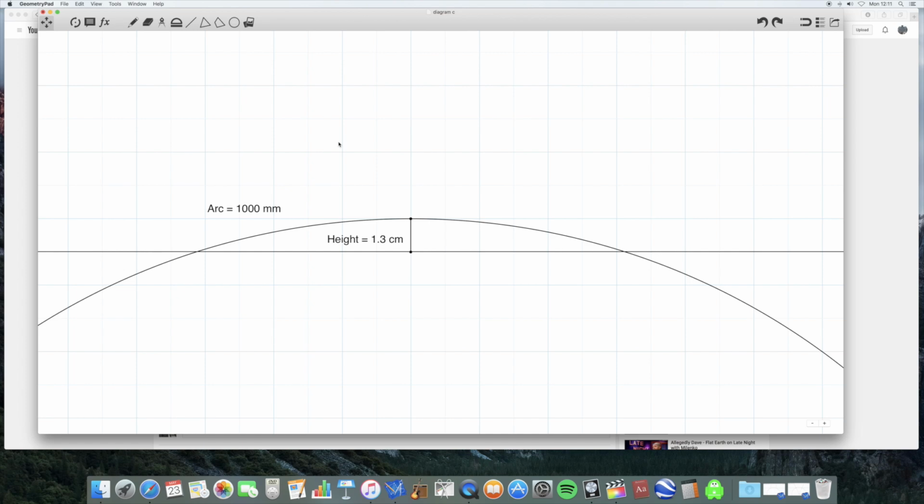A curvature that would be noticeable if you saw it, but still very, very slight. So imagine a line a meter long that then bends very, very slightly. So the middle of it is bending 1.3 centimeters away from the straight line. That's how much of a hump we're talking about over 395 miles. Absolutely tiny, a tiny little bit of curvature.